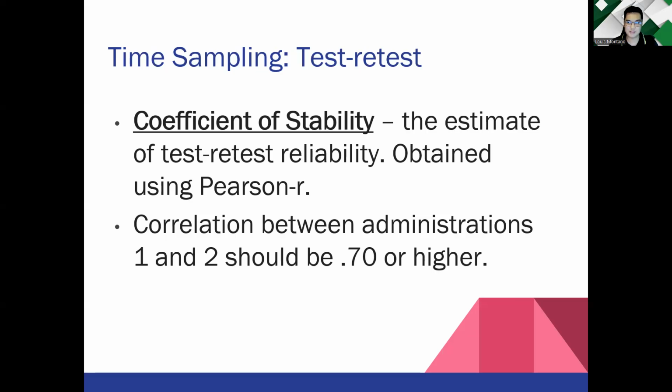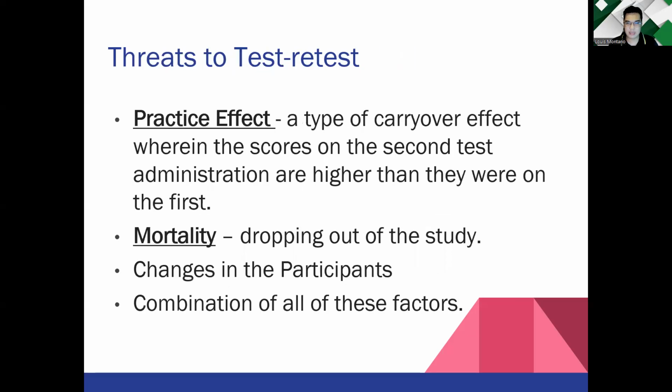Okay? So anyway, ito yung mga common threats to test-retest. Una, practice effect. Na-discuss na natin siya a while ago. Pangalawa, yung mortality. In other words, pwedeng from the first and second test administration, yung iba mong mga participants, hindi na sila mag-participate. Okay? Kunyari, meron kang research, and you have to test them twice.